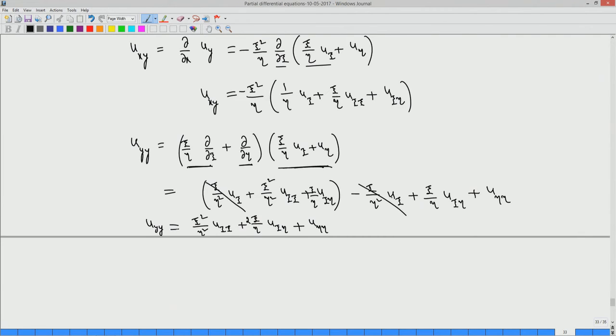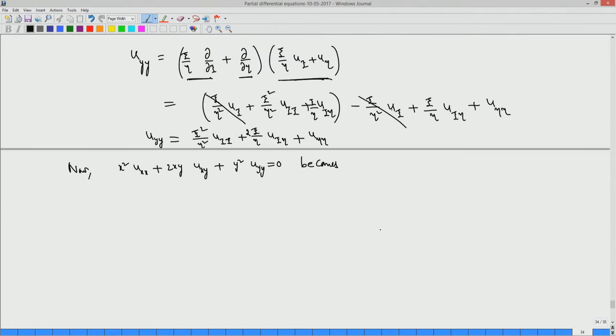So, now your equation, that is x square u x x plus 2 x y u x y plus y square u y y equal to 0, becomes, what happens? Just calculate. So, you need what is x?